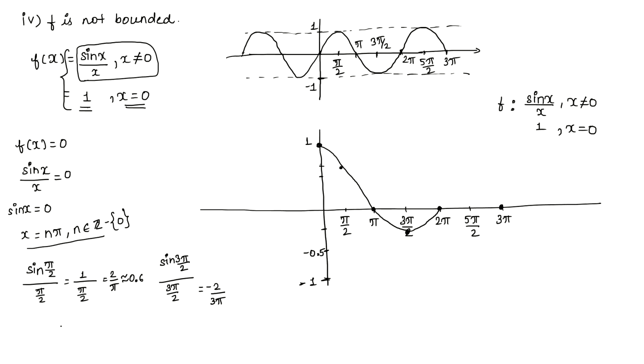Now at x is equal to 5 pi by 2, the function f of x will be taking the value 2 by 5 pi, which is even less than 2 by 3 pi. So the value of the function at 5 pi by 2 is this, then this will be the point, and then 0.